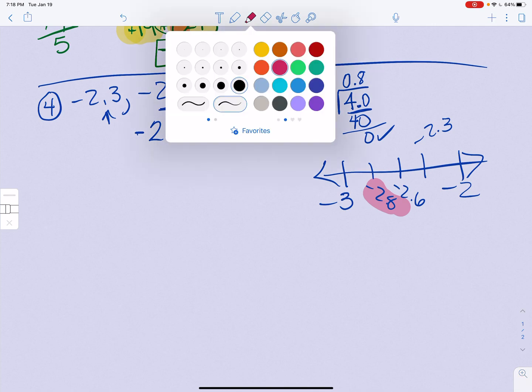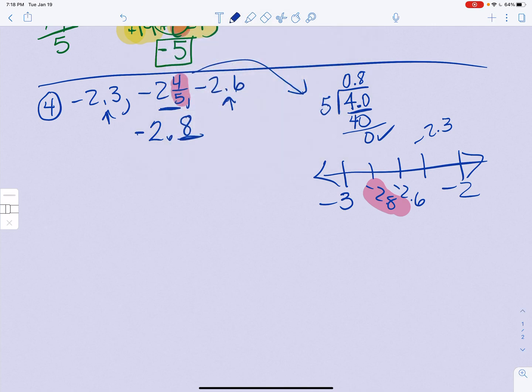So let's go back to here. So 2.8 is this, negative 2.8. Then negative 2.6. Then negative 2 3/10. But I have to remember this has to be written as a fraction.